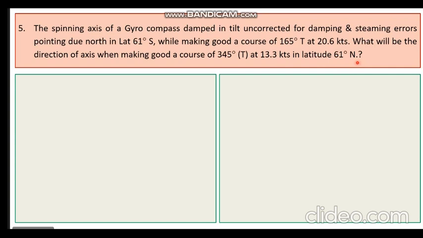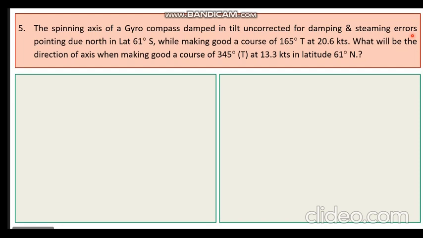Now, at the first instance, the question looks a little surprising. Why surprising is because it is mentioned in the question that the gyro compass is uncorrected for damping and steaming errors. That means whatever heading or readings the gyro is giving us, the damping error and steaming error will be present there.